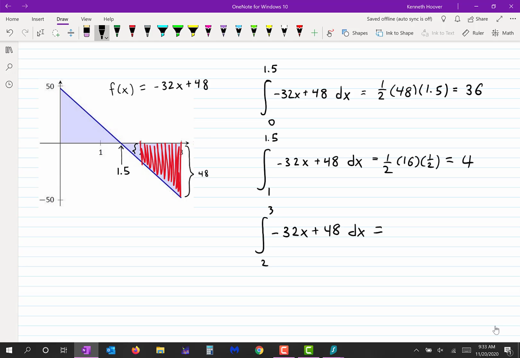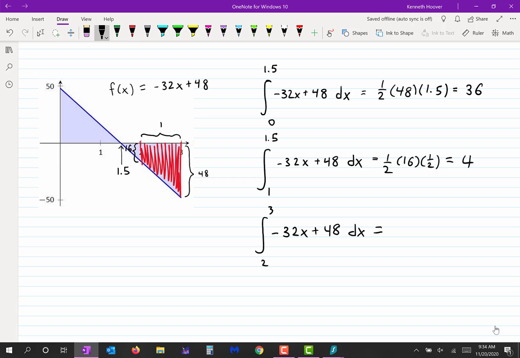How long is this side here? If we plug 2 into our function, we get negative 64 plus 48, which is, well, that would be negative 16, right? So this is a length of 16, right? And the distance between the parallel sides is a distance of 1. Okay, so that area is the average of 16 and 48, which is 32, times 1, and so that's an area of 32.